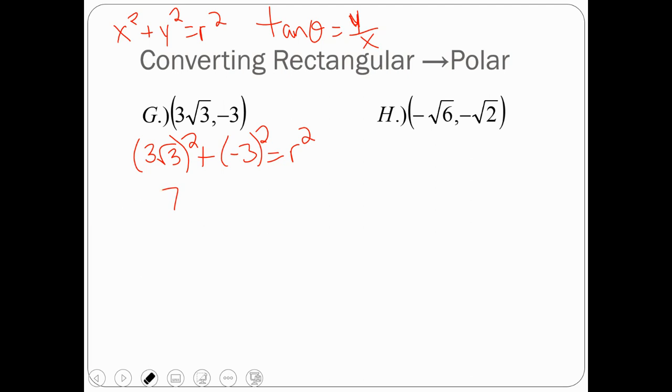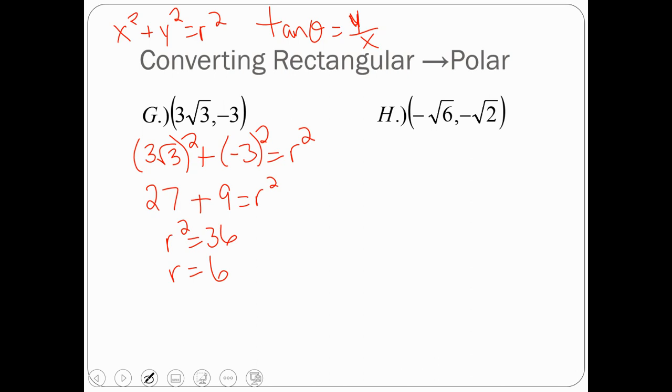Drives me crazy when it does that. 27. Negative 3 squared is 9, equals r squared. So r squared equals 36. So r is 6. Now technically r could be plus or minus 6, but usually we try to keep our radius as a positive number when we're doing these, and our angle as a number between 0 and 2 pi.